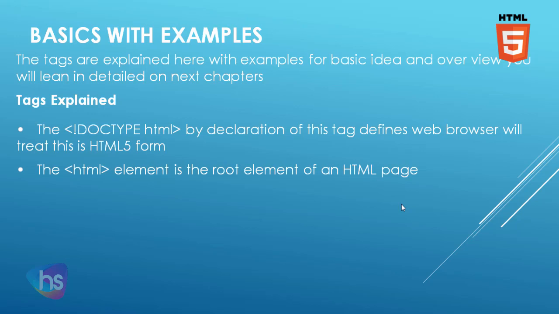By declaring this tag, web browsers will treat this as an HTML5 document. Declared at the top of the HTML page, the browser knows that this is an HTML5 document, and the different tags that came with HTML5 can be used.